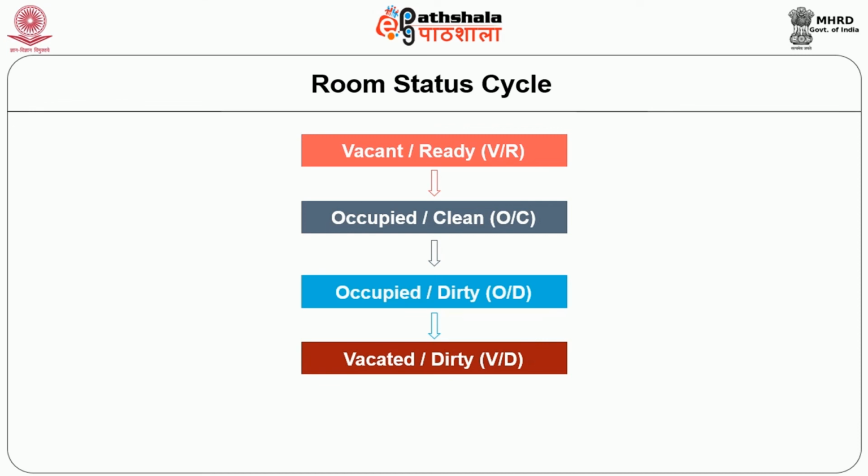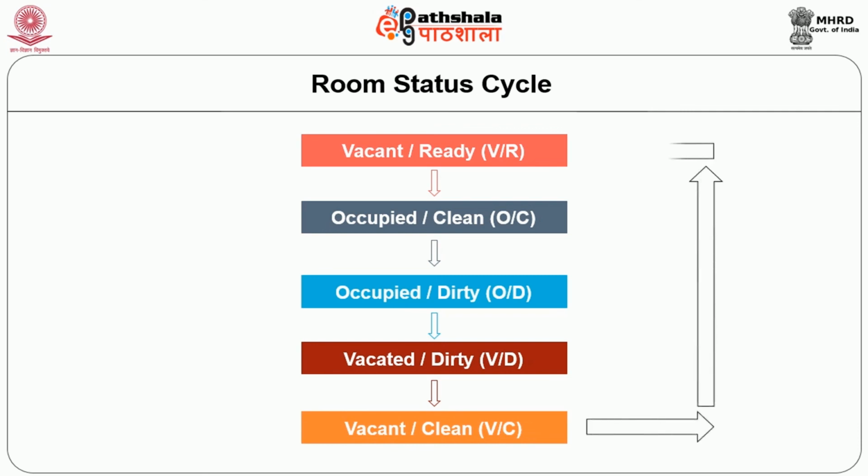As soon as the housekeeping department does the cleaning, it becomes vacant clean again, and it is the duty of the front desk to give it for sale again. This cycle keeps changing, and it is the duty of the front desk and housekeeping department to coordinate well without any delay, so that the room is available for sale by the front desk and is cleaned by the housekeeping department without any further delays.